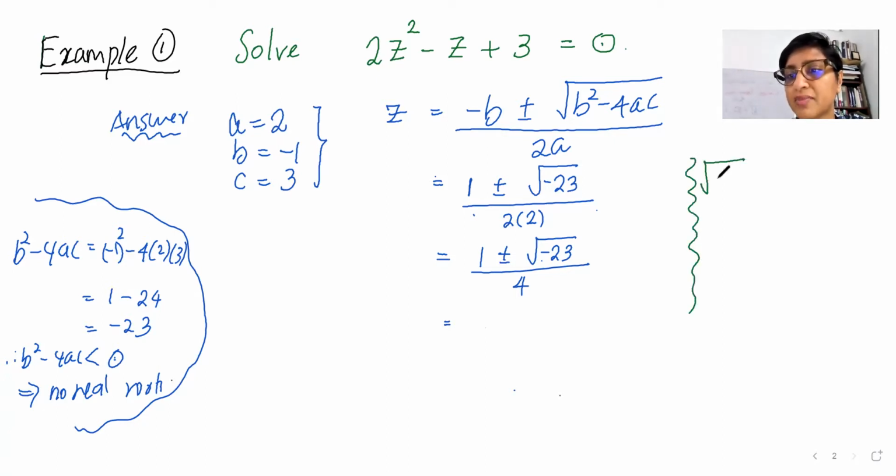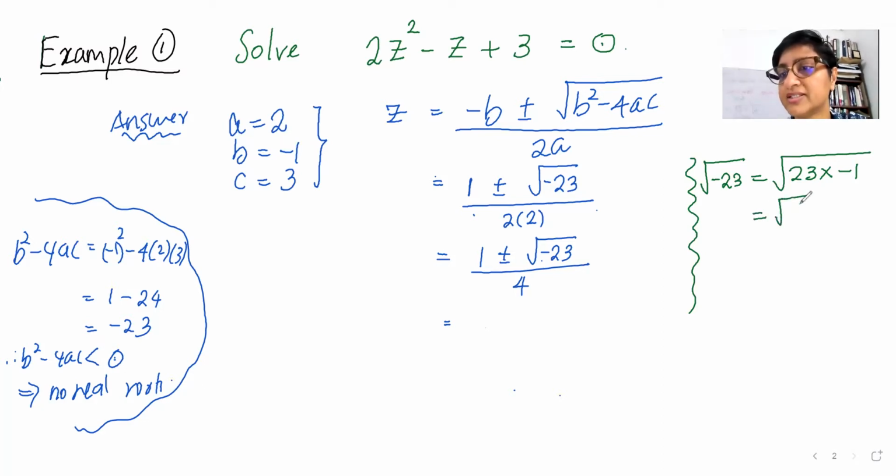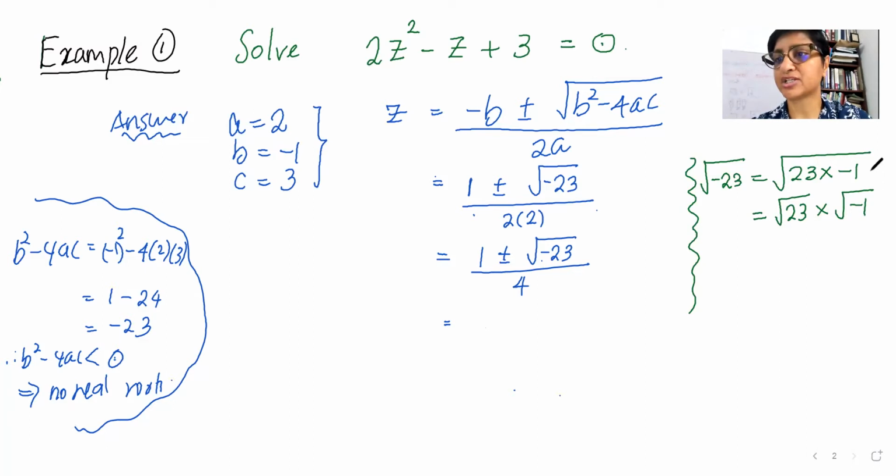My root minus 23, I can separate out under the square root. I'm writing 23 times minus 1. Then that is the same as root 23 times root minus 1. These are rules of surds. Make sure that you understand what I'm doing in each step.